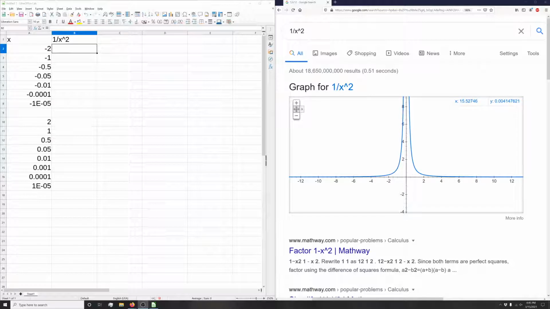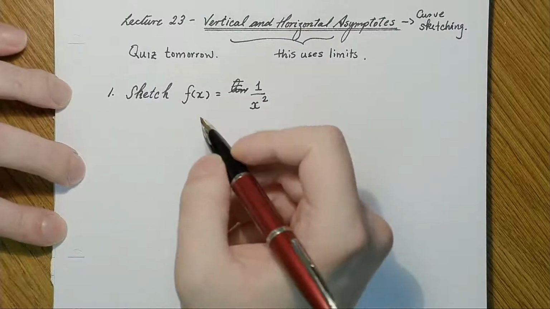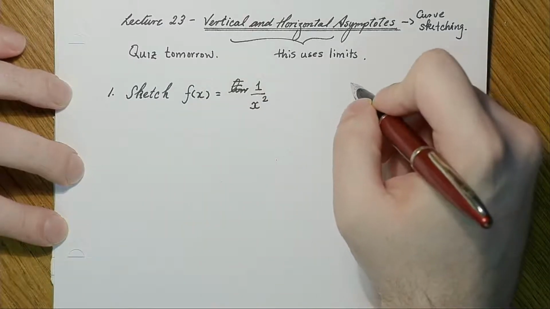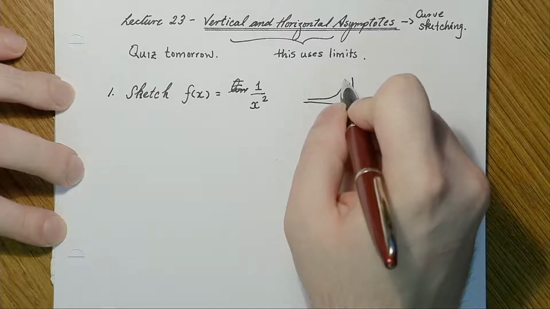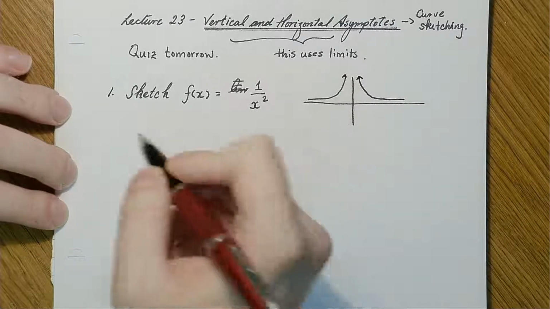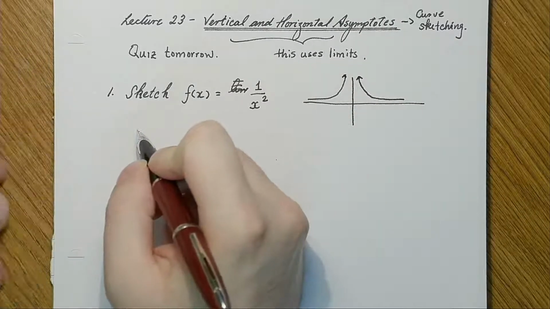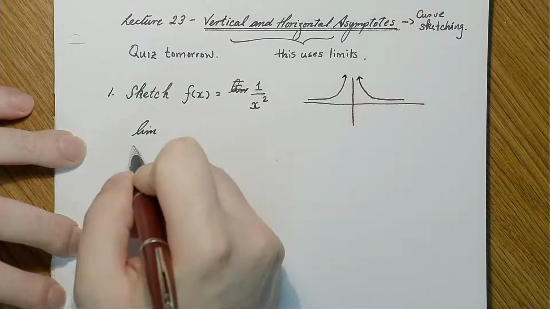So again, I can see what the limit is going to be like. So we've kind of sketched that. We also are interested in what's happening around x equals 0.